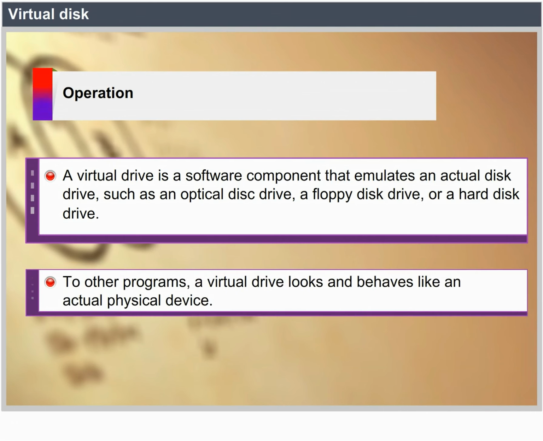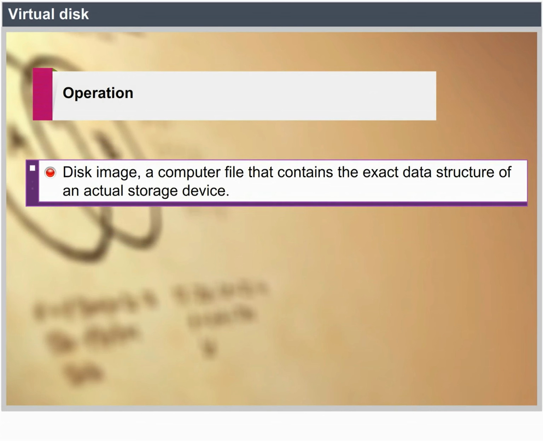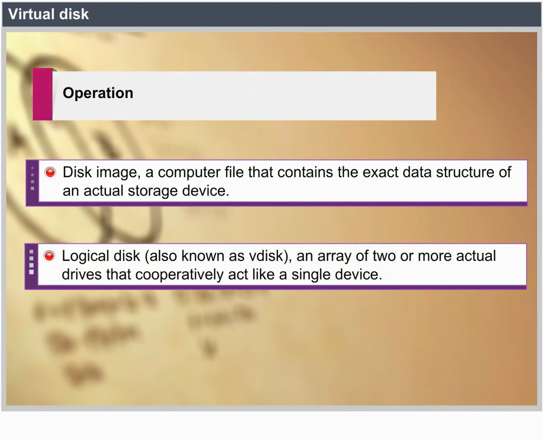Disk image, a computer file that contains the exact data structure of an actual storage device. Logical disk, also known as VDisk, an array of two or more actual drives that cooperatively act like a single device. RAM disk, which stores its data in random access memory, RAM, instead of a storage device.